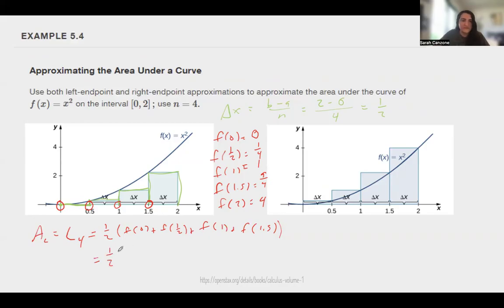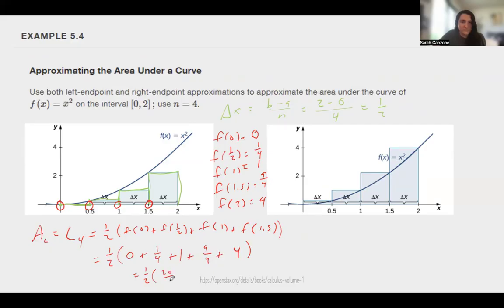So now this is 1/2 times, and then you just add them. So 0 plus 1/4 plus 1 plus 9/4 plus 4. And we can go ahead and compute this value. So let's see here. This will be 4 plus 1 is 5. So I'll adjust the 5 to have a denominator of 4. So that's 20 over 4.